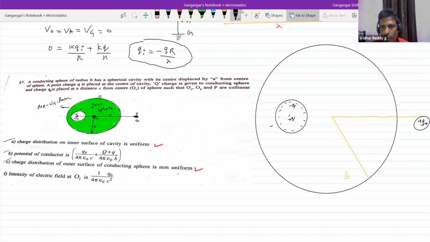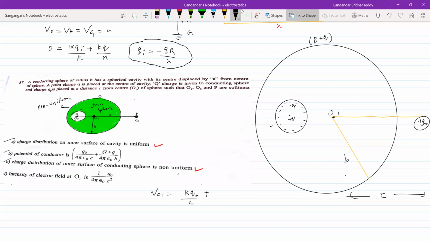Then on the outside it will be Q plus q. Okay, there's point O1. This distance will be c. I'll write down the equation. This will be k Q naught by c. What about this, due to this charge and this one? It should be 0, that is plus q minus q.